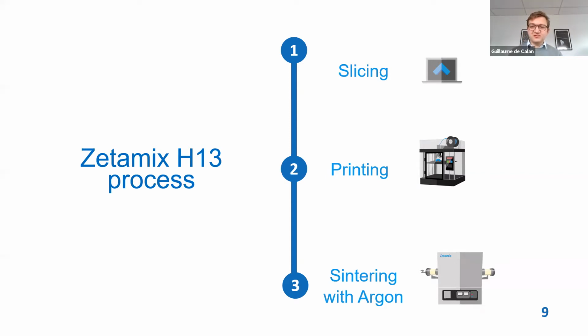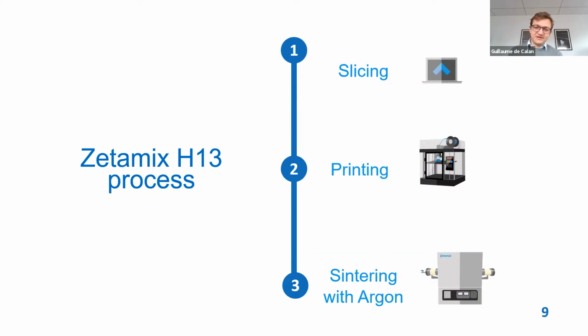There's a big difference with ceramic, however, which is that when you sinter metal, you need a protective gas. So here we're using argon for the H13 tool steel. And a big difference, and still a pain point for our customers, is the type of gas you need to use.